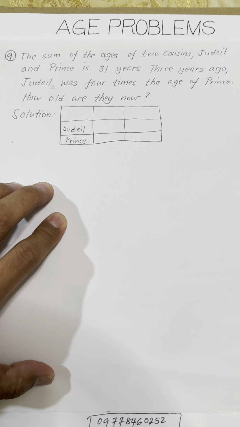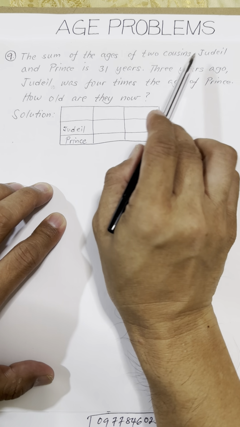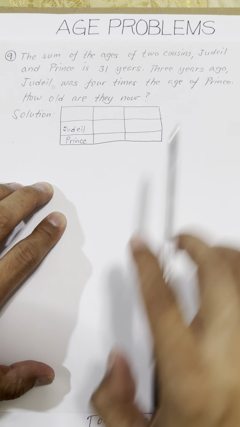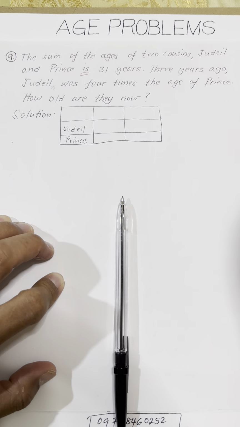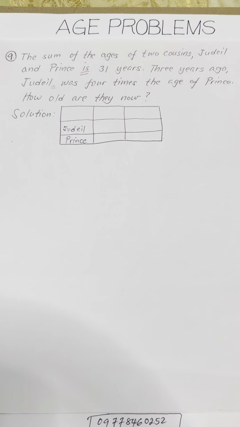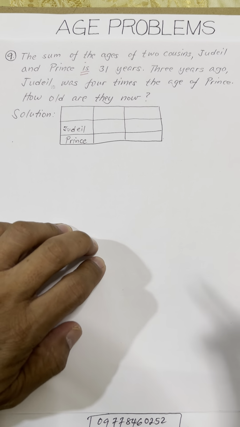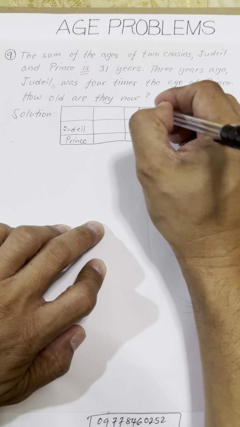Then we have the sum of the ages of two cousins, Judel and Prince, is. So again, "is" here says that it's their present ages, the ages now. So we can have here ages, their ages now.